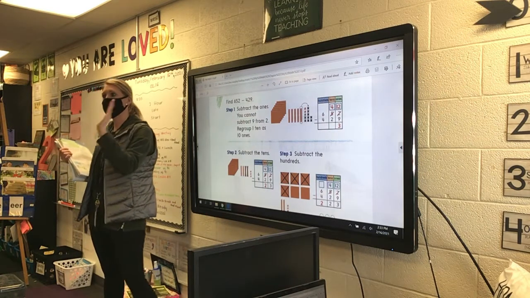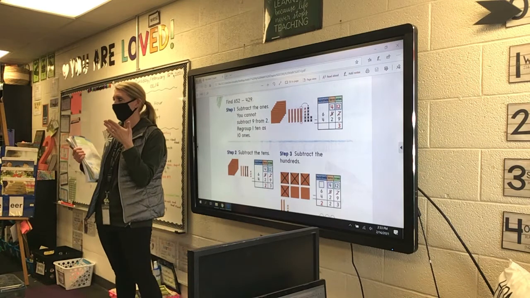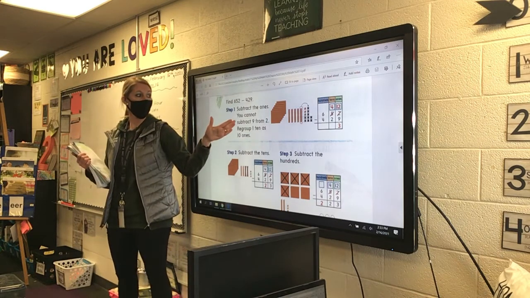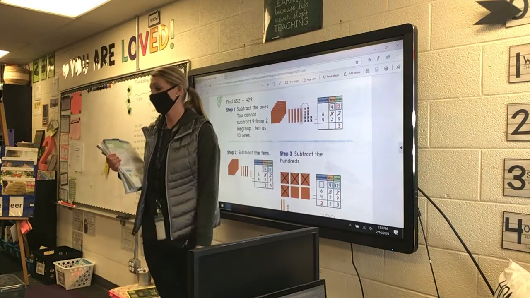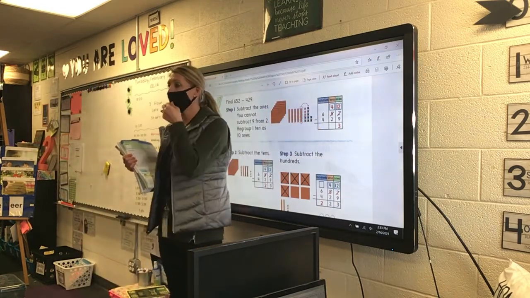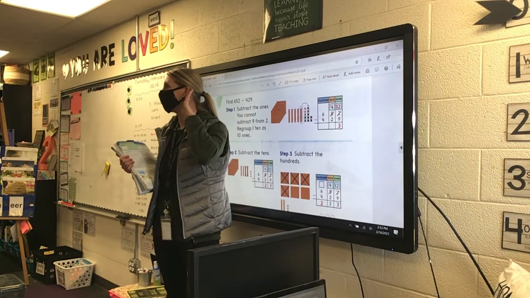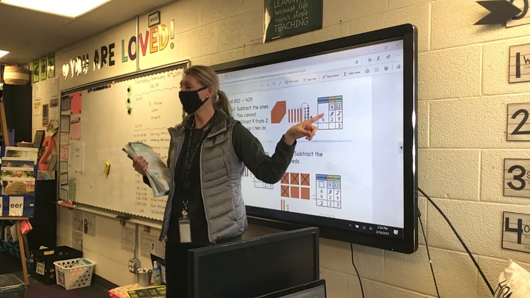Don't ever start with the 10s or 100s. It always goes from the left to the right. Okay? You cannot subtract 9 from 2. So when we subtract going down, if we have a bigger bottom, what do we have to do? Better borrow. You guys are awesome. Bigger bottom, better borrow.